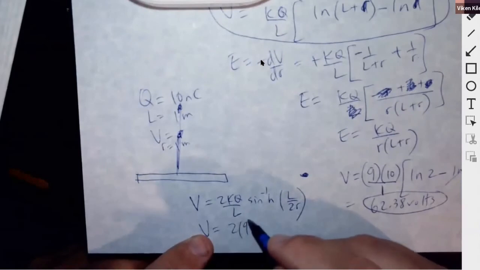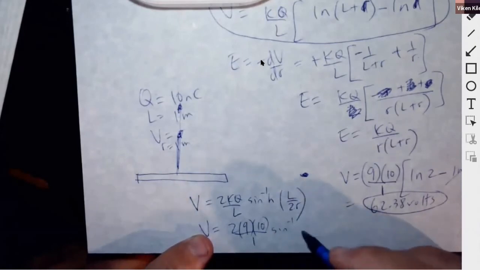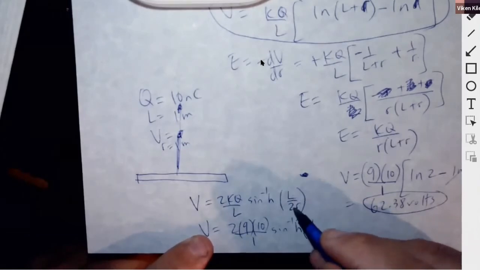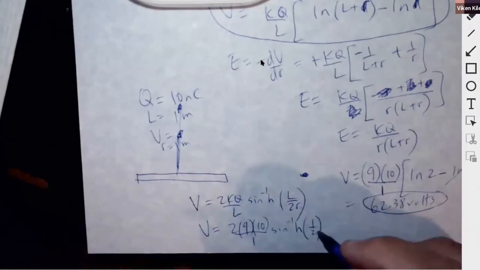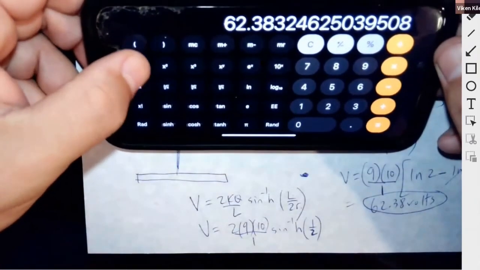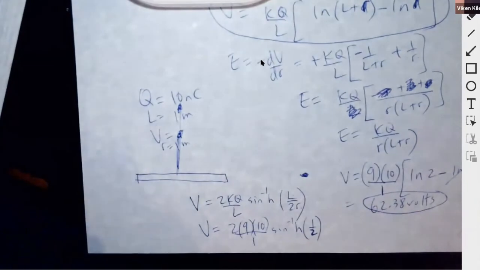Two, 9, then Q is 10, or the length is 1, sine inverse hyperbolic, then you have 1 over 2, 1, so that's just 1 over 2, which is 0.5. Oh, iPhone has a sine inverse hyperbolic. Cool.